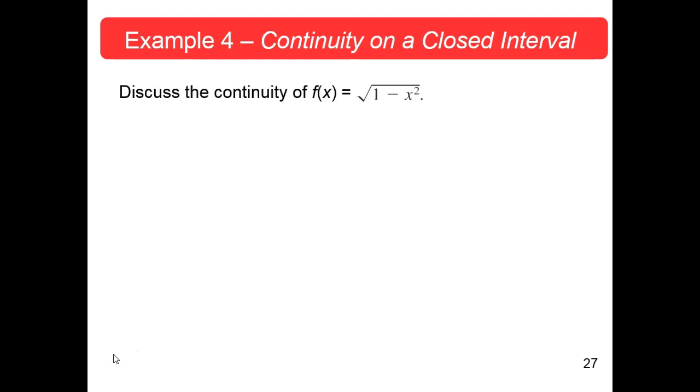Where is that function f continuous? Well, I'd suggest a good place to start is where it's defined. Where is that function defined? All right, maybe that's not a good place to start.